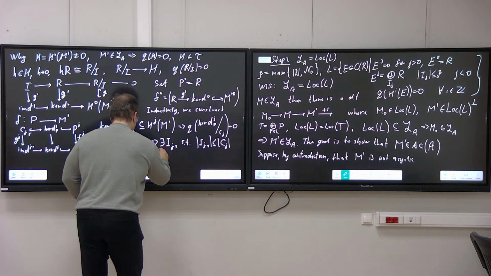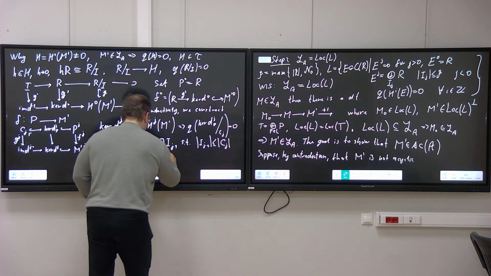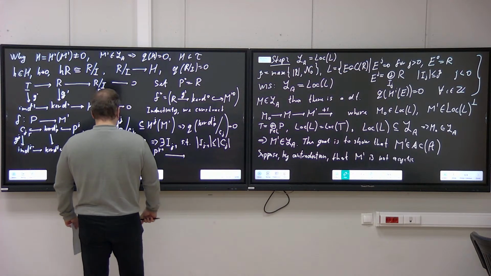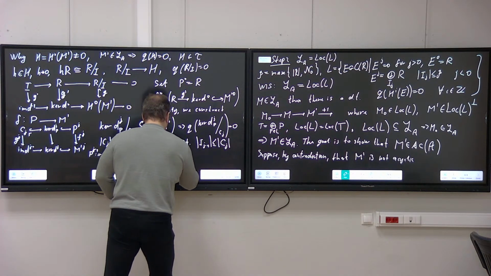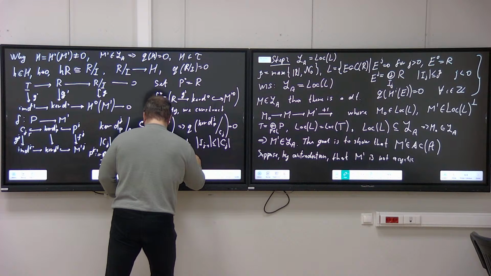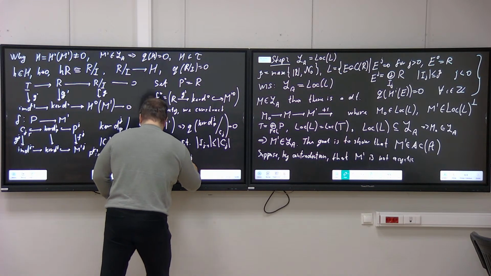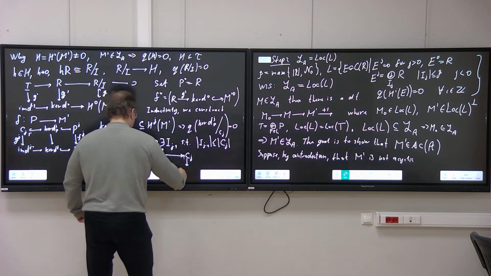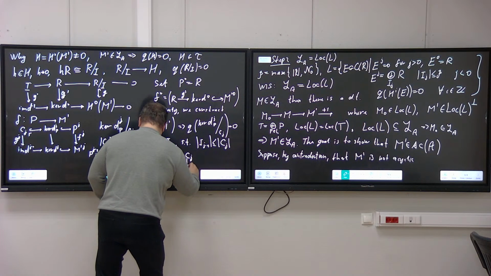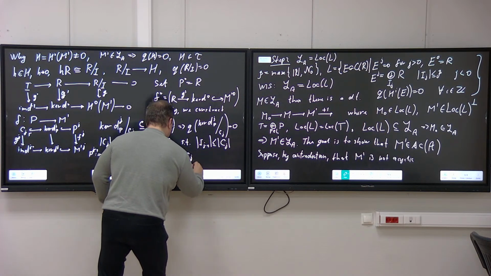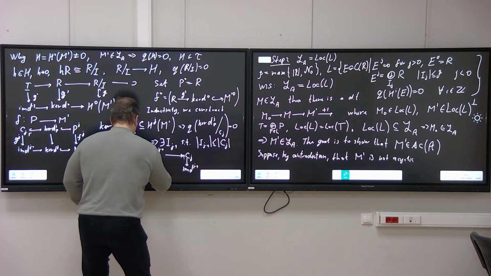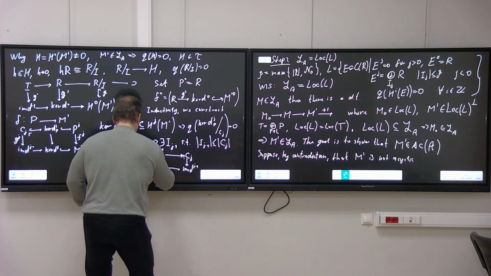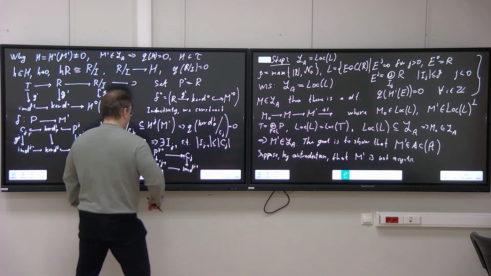We have P with the index j minus 1. There is, by construction, the epimorphism to the C with the index j. From the Cj there is a map to the image of the d with the index j minus 1. And then there is M prime j minus 1. So there is a map like this, right?